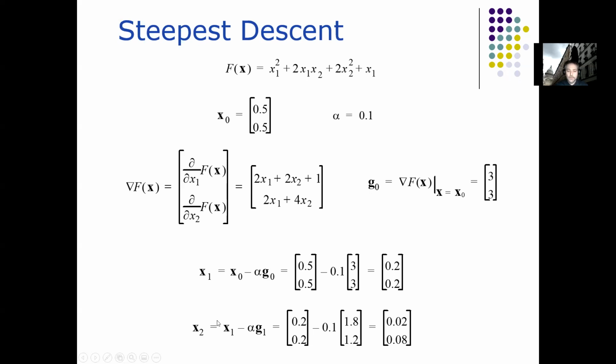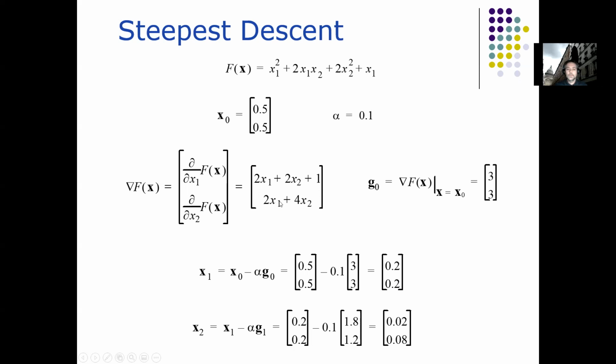In the next iteration, we are going to use these values as starting points. So these are now the values minus a. A is again the step size 0.1, and we have calculated the vector of the derivatives, which is in this case 1.8 and 1.2. This is the gradient calculated, the derivatives calculated at this point.